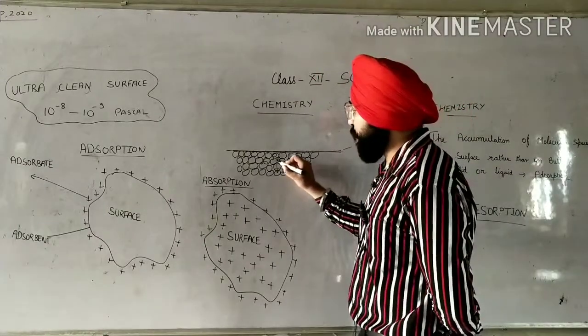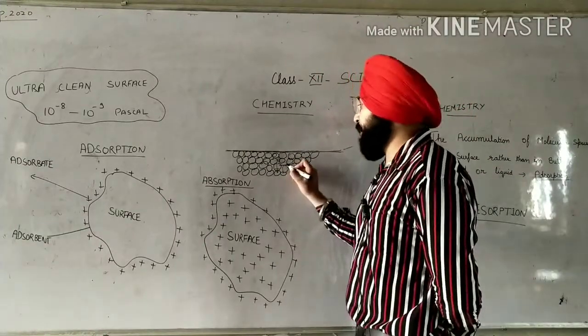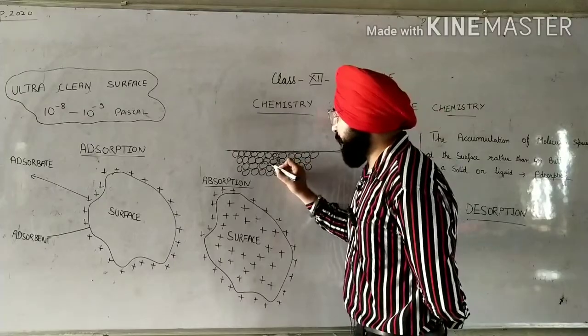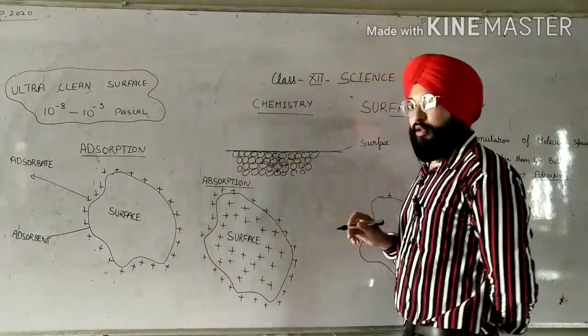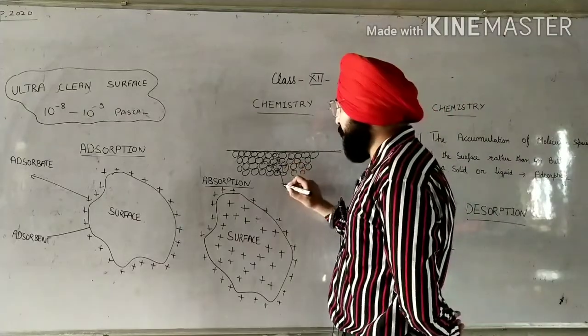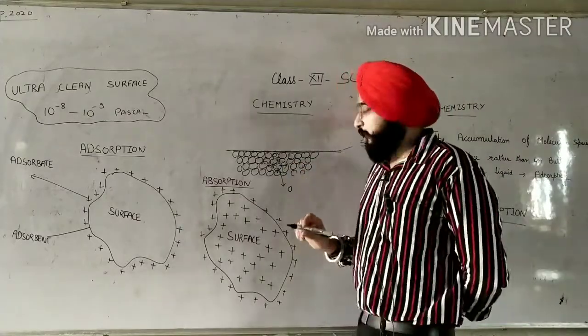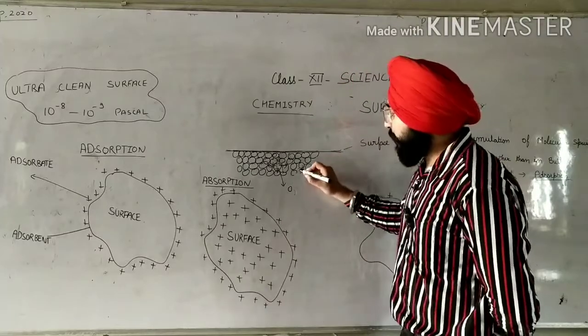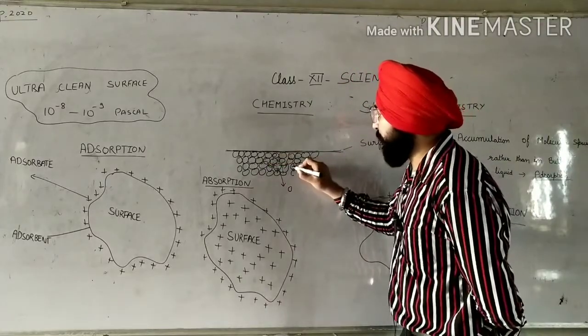So both forces cancel out, and in this direction and this direction the force is also cancelled out, so the net force will be 0. These are the balanced forces in these particles.